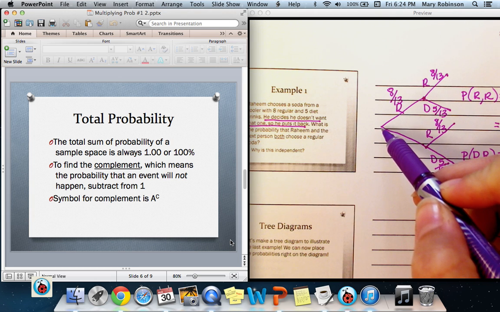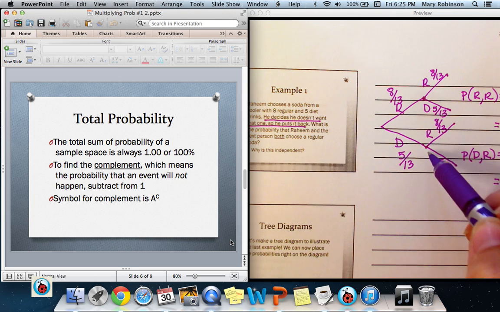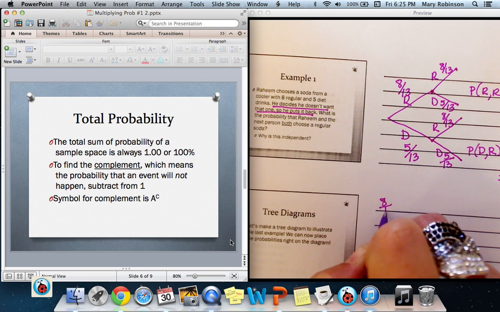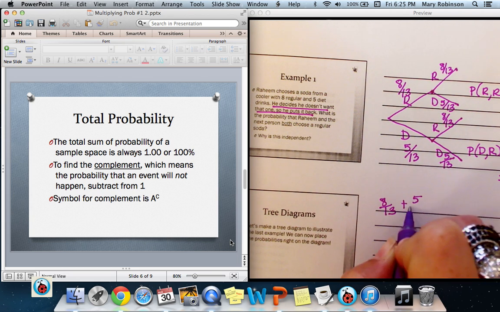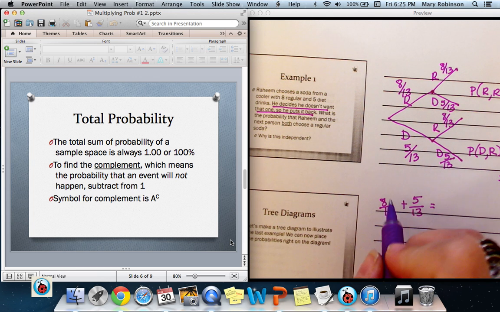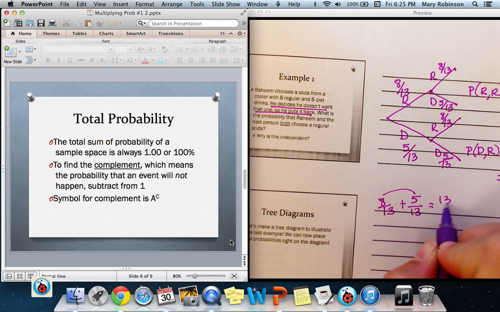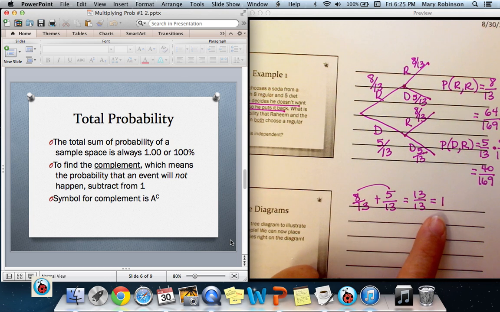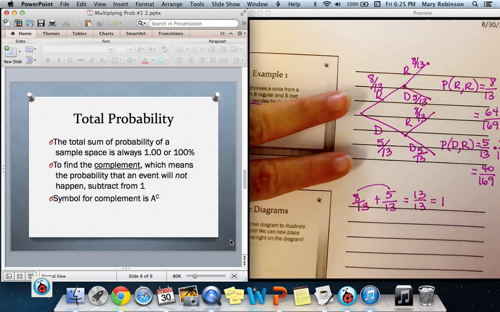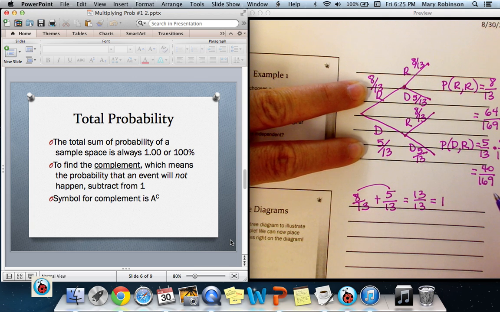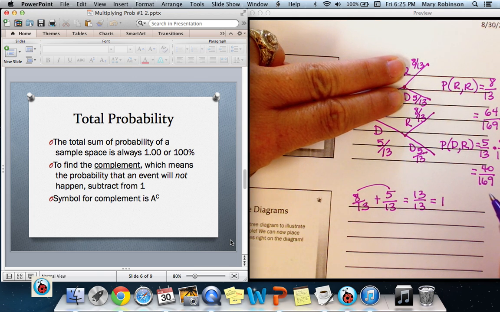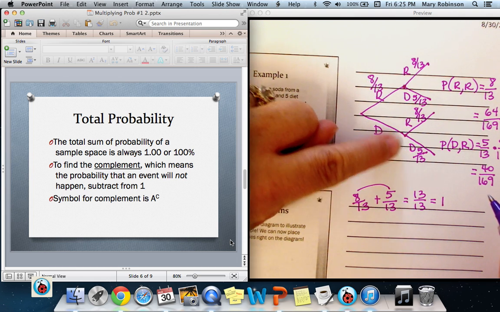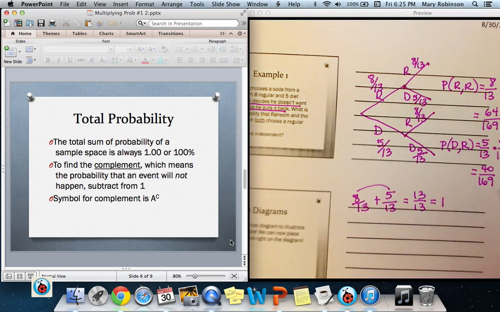If we add 8/13 plus 5/13, remember that when we add fractions with the same denominator, we add their numerators, then our probability has a sum of 1. So that's what we're saying, is that each branch needs to add up to 1. Same as here. 8/13 plus 5/13 is equal to 1, or 100%.